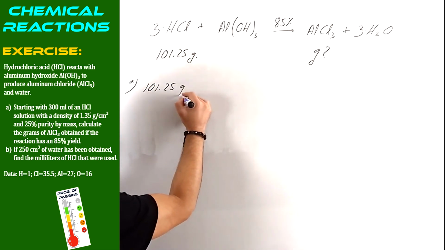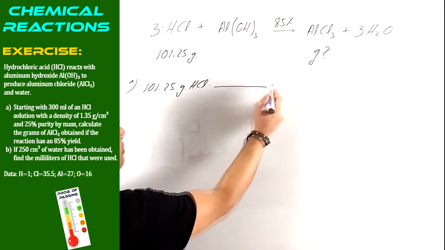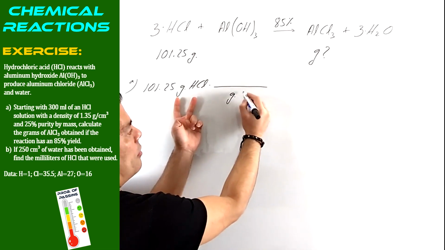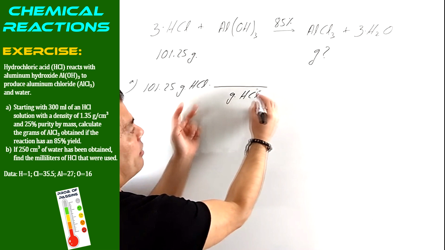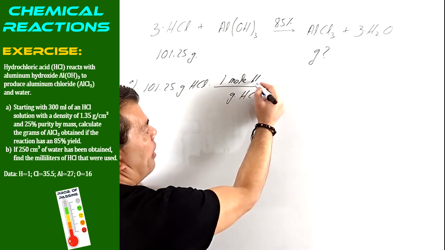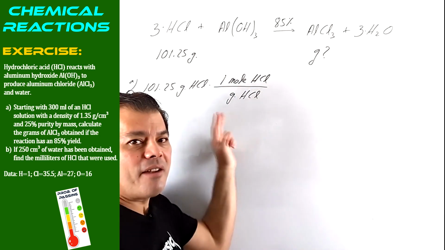101.25 grams of hydrogen chloride. And as always, the first conversion factor helps us to move from grams of hydrogen chloride into moles of hydrogen chloride. With 1 mole will be enough to do this calculation.